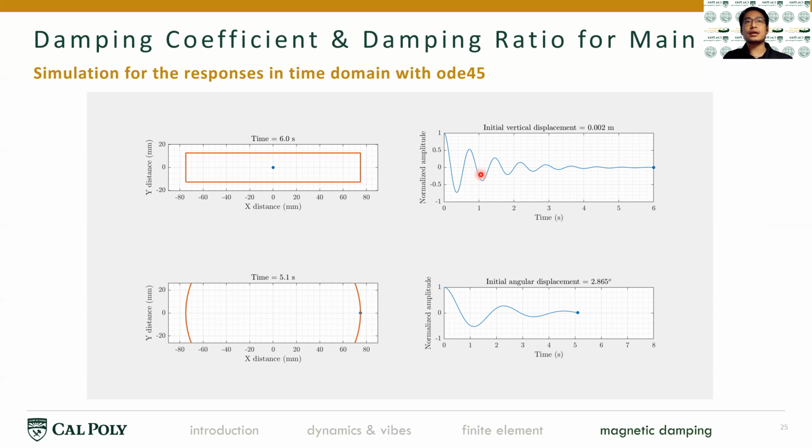So for the simulation of the time response using ODE45 in MATLAB, we can see that it's a fairly effective damping characteristic of the system. Remember, we don't want too much damping when we're already in the vibration isolation region.